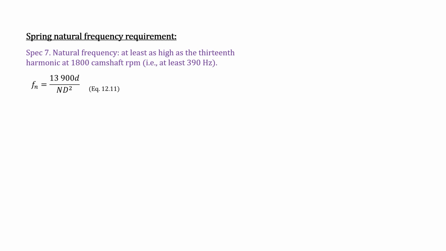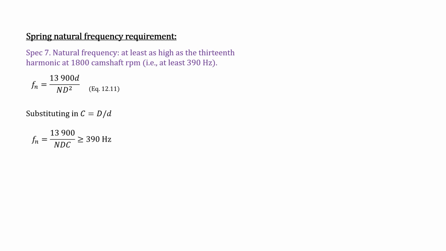It's just 13,900 times your small diameter over n times your large diameter squared. If we sub in the spring index equation, where C is D over d, you end up with this, and I'm setting it greater than or equal to 390 hertz because of specification number 7.